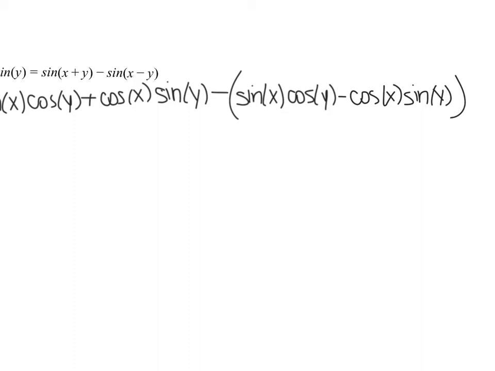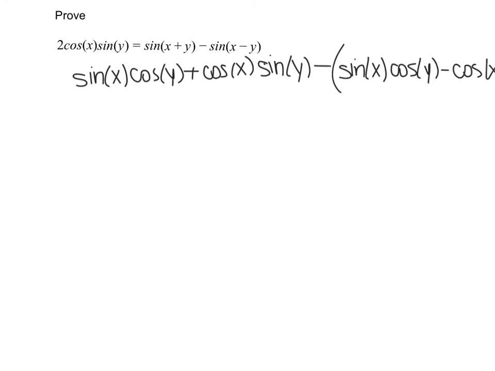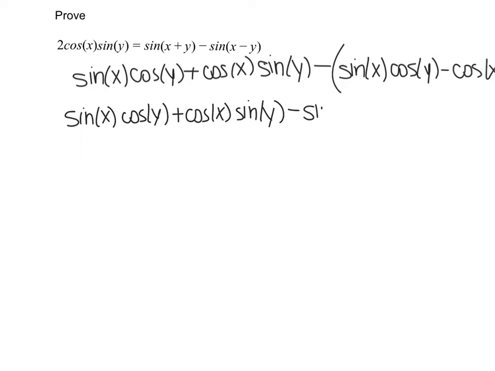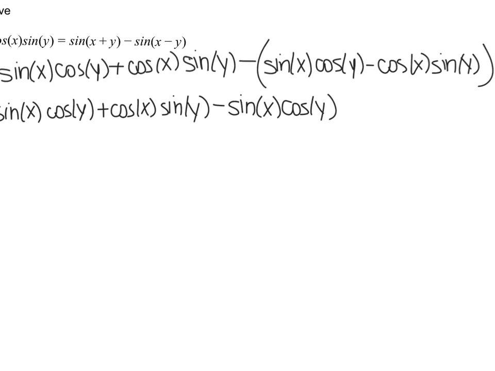My next step is going to be to distribute the negative into our parentheses. So we end up with sine of x cosine of y plus cosine of x sine of y minus sine of x cosine of y. And because I distribute the negative to a minus, we get plus cosine of x sine of y.